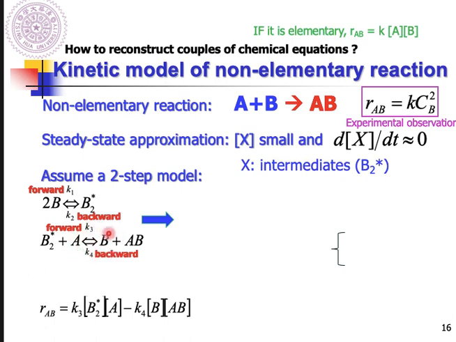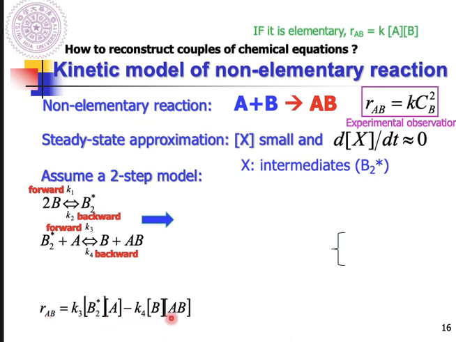So we write down K3 times this, minus K4 times this, and we get RAB. If these are correct, RAB finally should equal KCB squared. If not, it won't equal, right? So I'm going to show you whether it finally equals KCB squared or not.